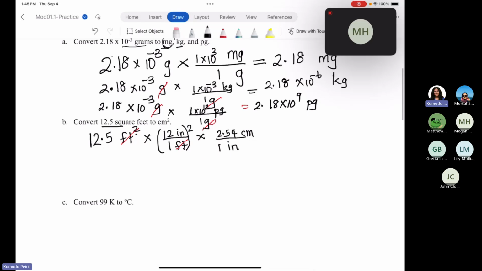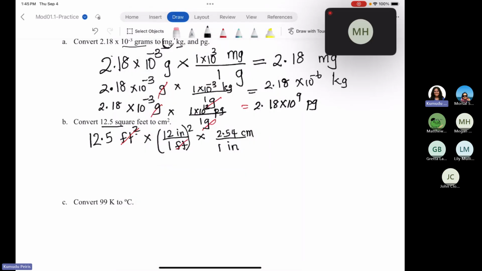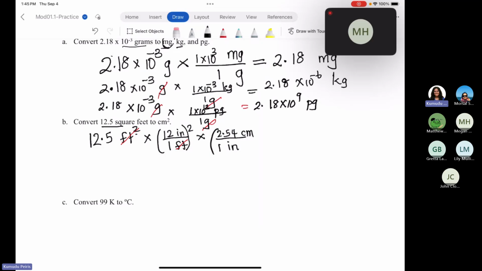No. We should square it, and then you will see the square inches to square inches cancel out, and we'll get the answer in square centimeters.